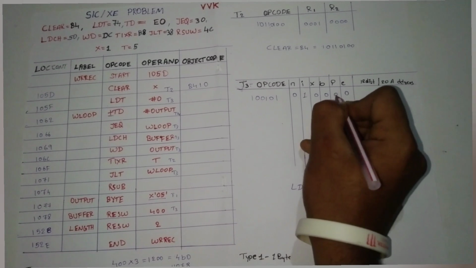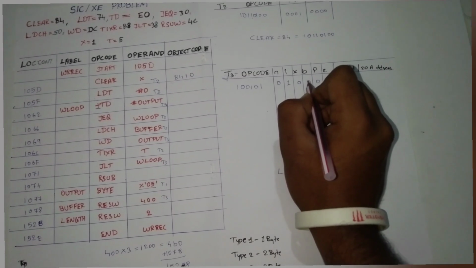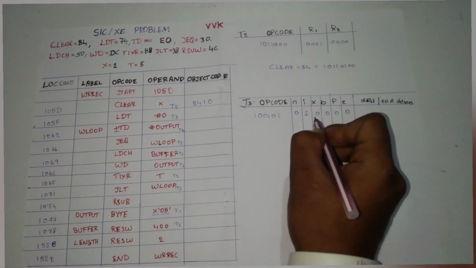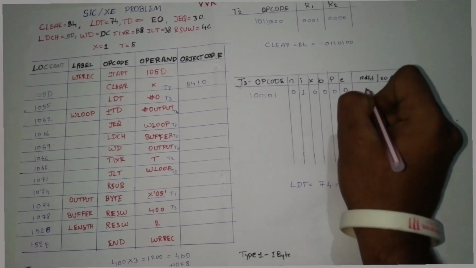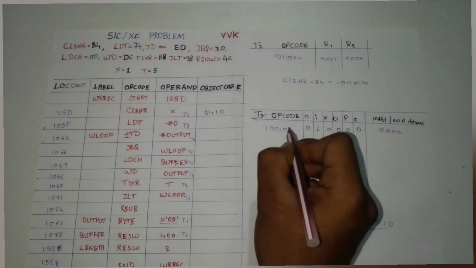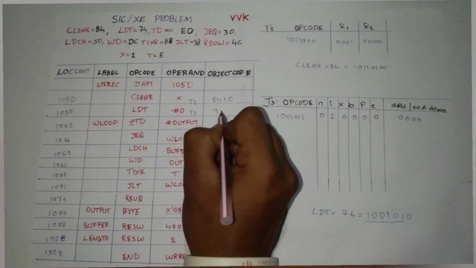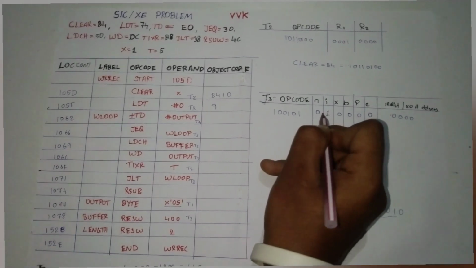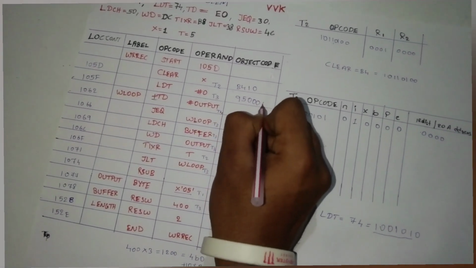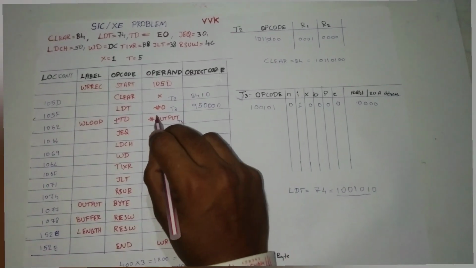P and b, that is base relative and program counter relative, are also 0 because it is an immediate addressing mode, so there will be no displacement either, that is also considered as 000. So the object code will be 95 followed by zeros for the rest. This is the object code for the LDT instruction.